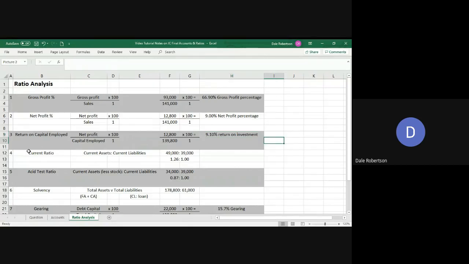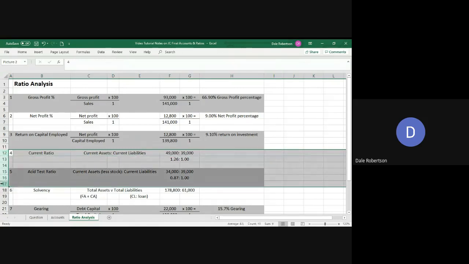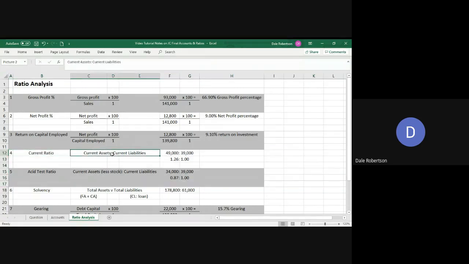Now, liability. Liabilities and current assets are compared in the next 2 ratios, which are current ratios and asset test ratios. These measure liquidity of a company. So the current ratio is current assets is to current liabilities, which in this question is 49 is to 39. Now we need to boil that down. Something is to 1.